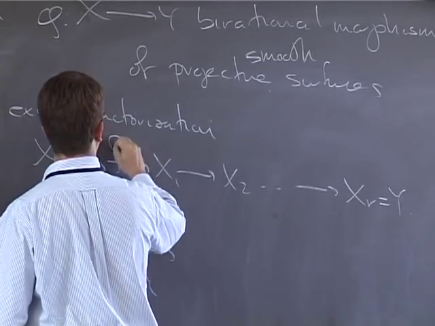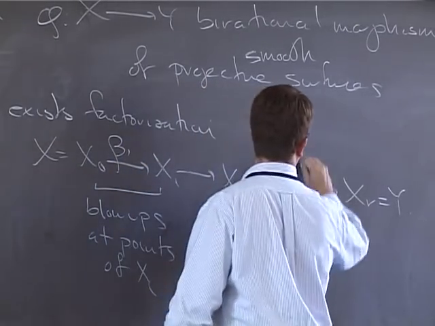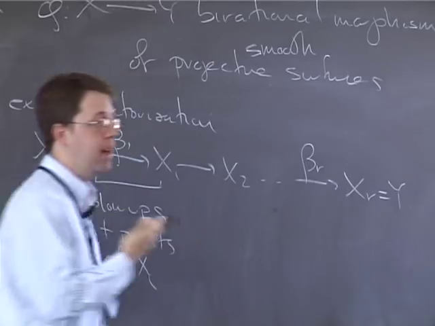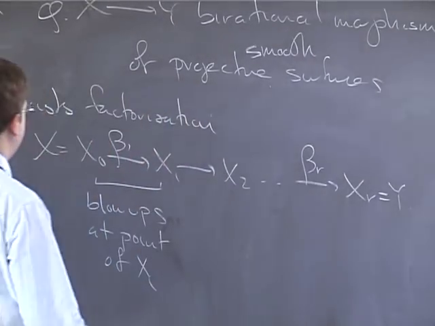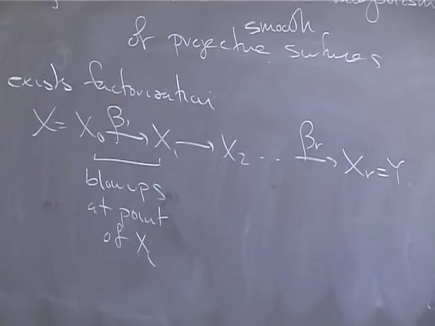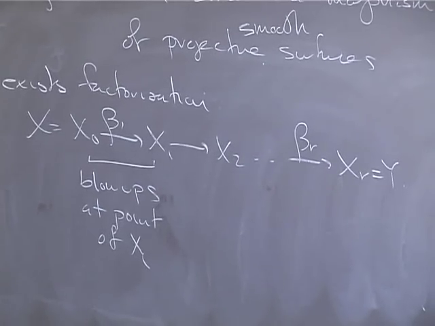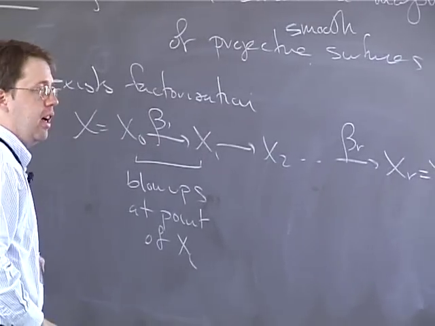So each one of these maps is a blow-up at a single point of X_i. So every such map can be represented as a sequence of blow-ups.